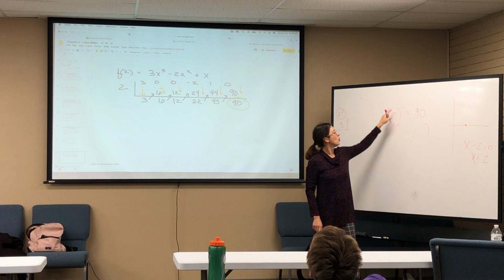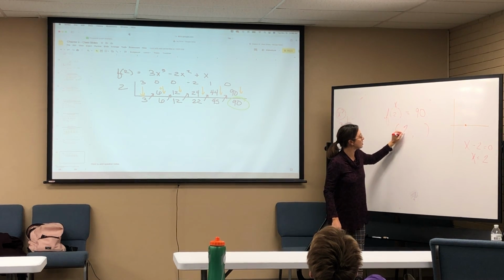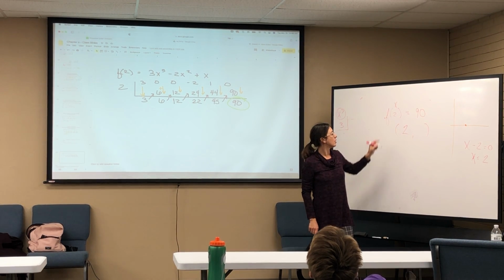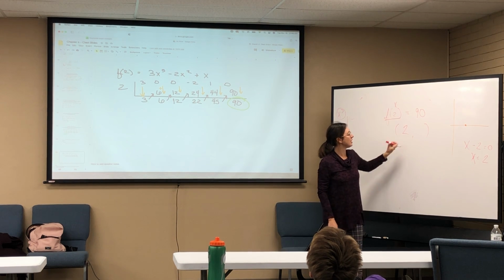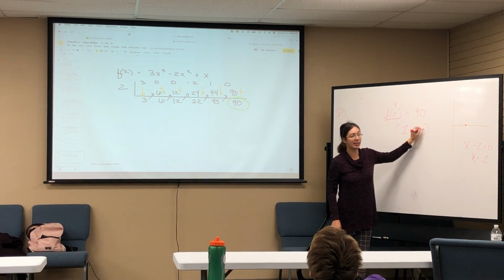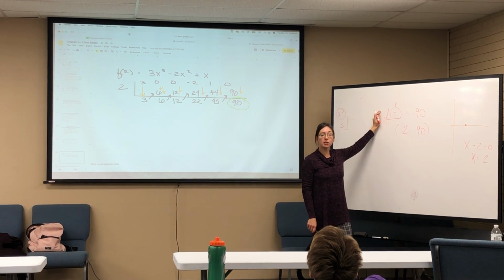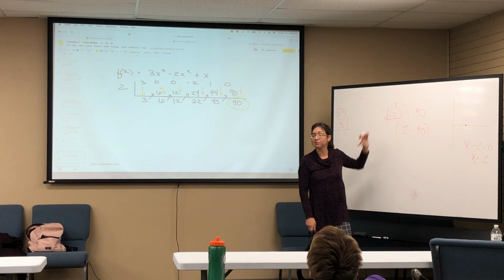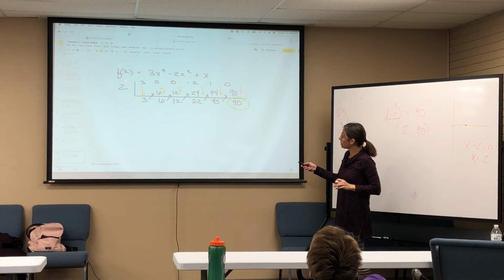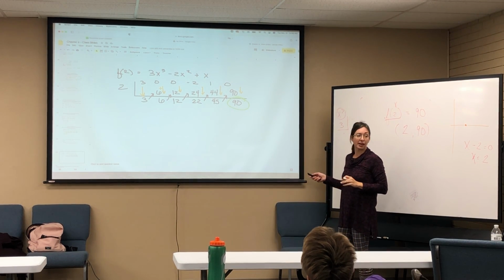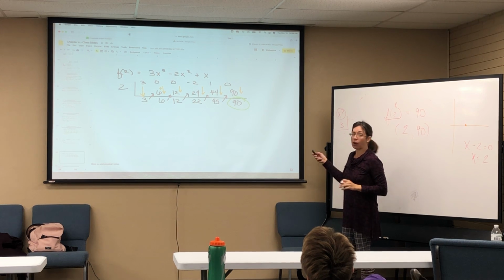When x equals 2, y equals 90. Remember, the information that we get, the numbers, always tell us something. There's a sentence that we can make out of that. So when x equals 2, y equals 90 on this graph.